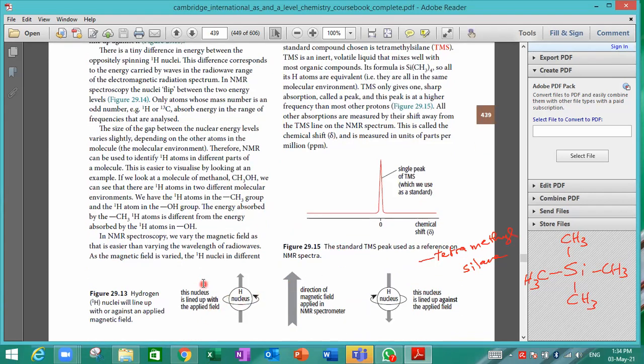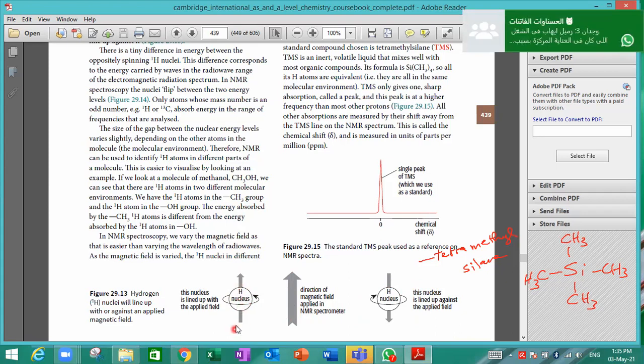That's what I was explaining to you. Either the nucleus would spin in one direction or would spin in the other direction. And this is the direction of the magnetic field applied. So some of the nuclei would rotate in a manner to produce a magnetic field that is aligned with the external magnetic field.